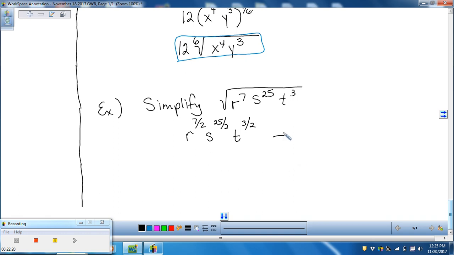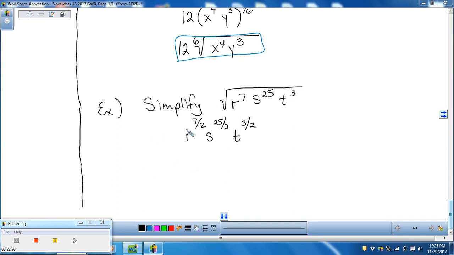Now that I've done that, I can rewrite this as r to the 7th, s to the, no, that wouldn't help, so don't do that. So I have r to the 7 halves, s to the 25 over 2, and t to the 3 halves.